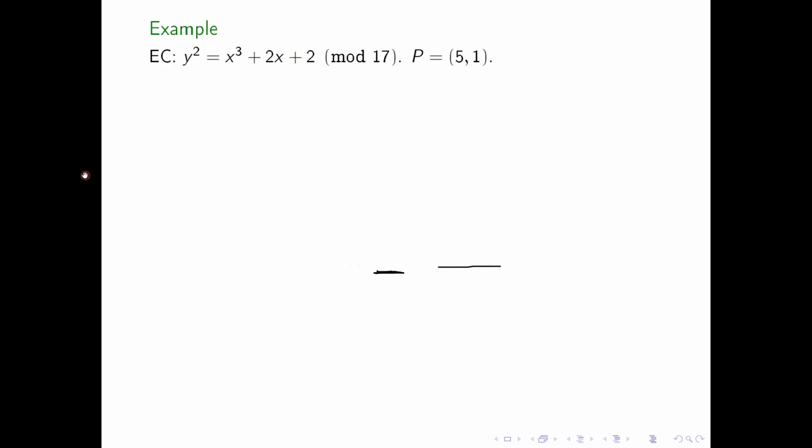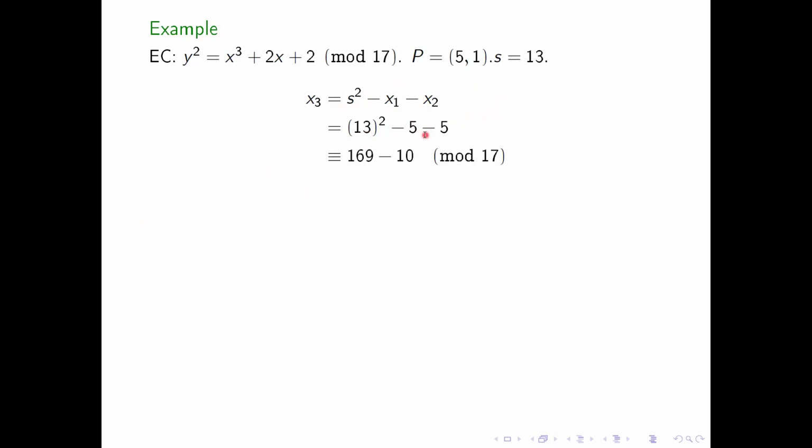So the first thing we found is S. Now we take that S and plug it into our x3 formula, which states that x3 is equal to s squared minus x1 minus x2. Remember, x1 and x2 are the same because the point is the same. So this is going to be 13 squared minus 10, or 169 minus 10, which is 159, which is 6. So just like that, we have our S and we have our x.